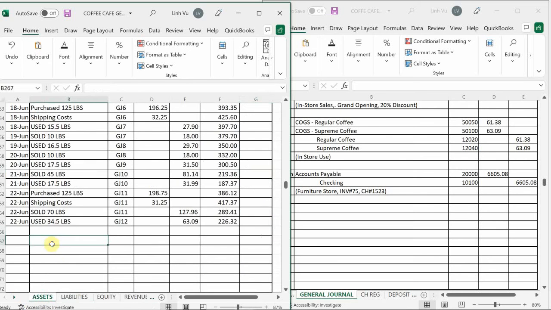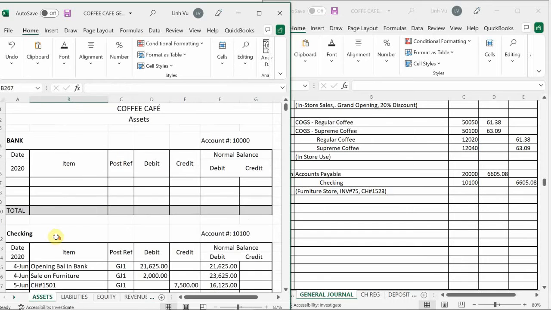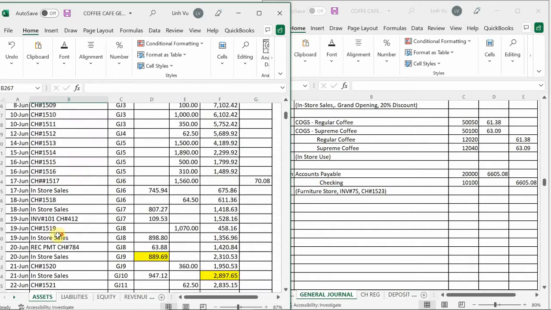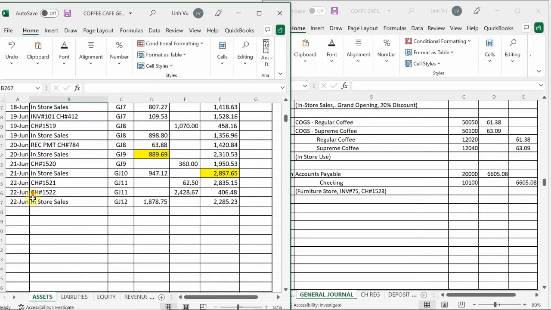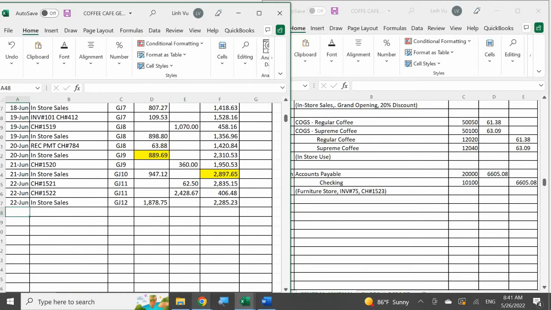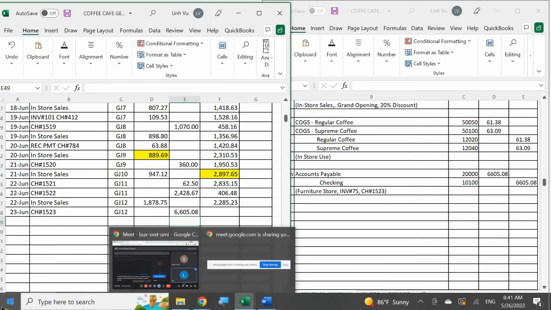Okay, so we got to go to our checking account because we just paid off $6,000. Check number 1523. Okay, and we just made a payment for $6,605.08. So, how much is going to be left in my checking account?